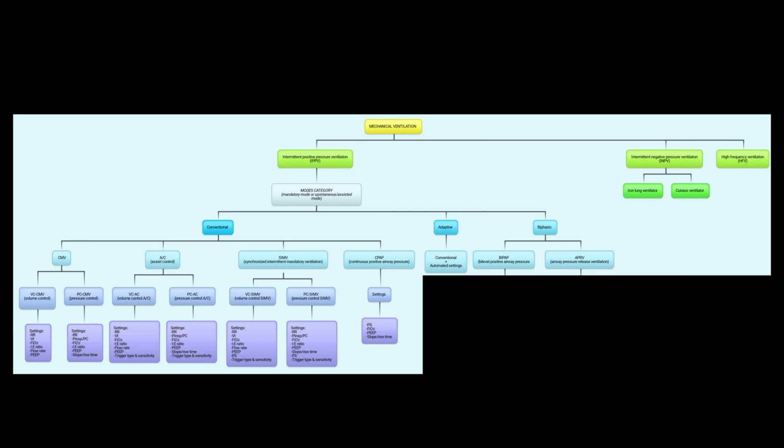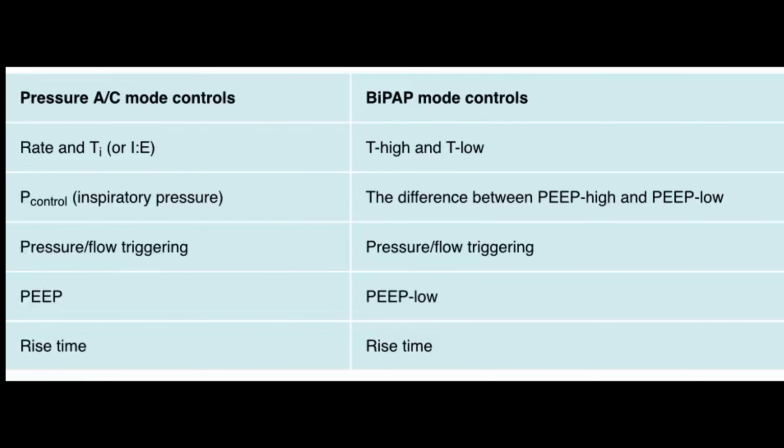So how is that? PEEP low serves as the PEEP, and the difference between PEEP high and PEEP low serves as the inspiratory pressure. T high serves as the inspiratory time, and T low serves as the expiratory time. So this is the IE ratio.